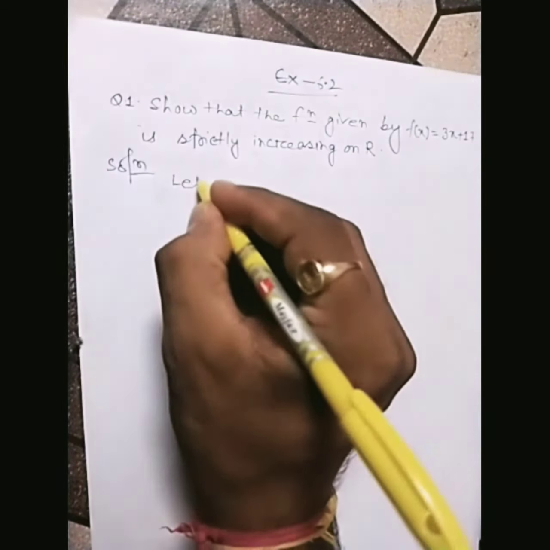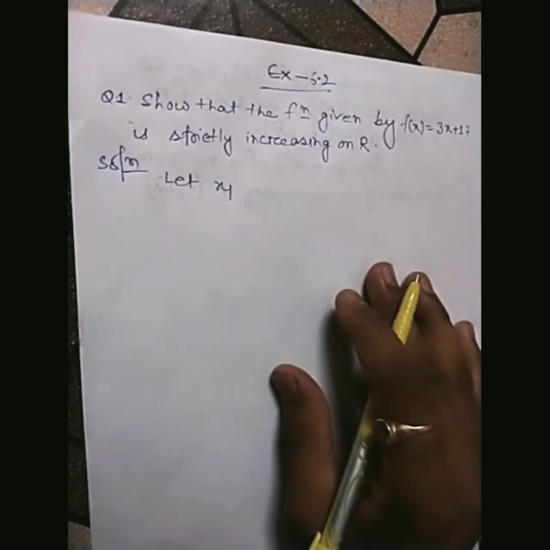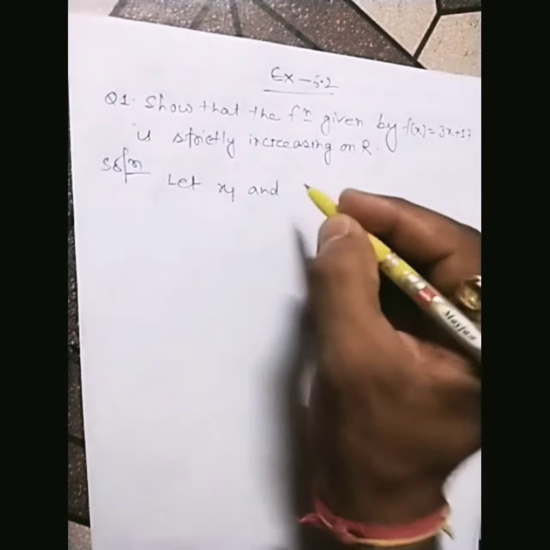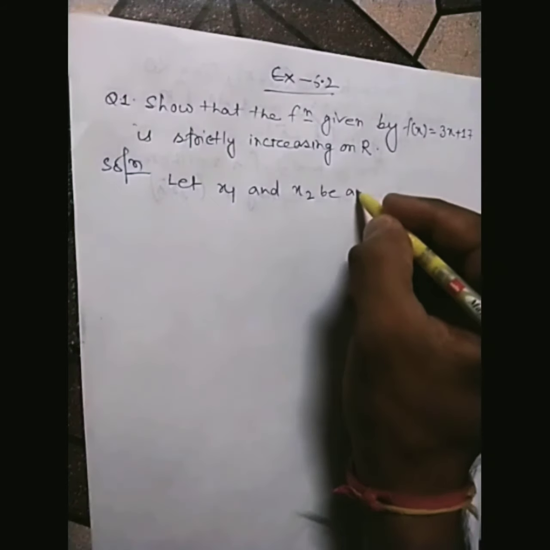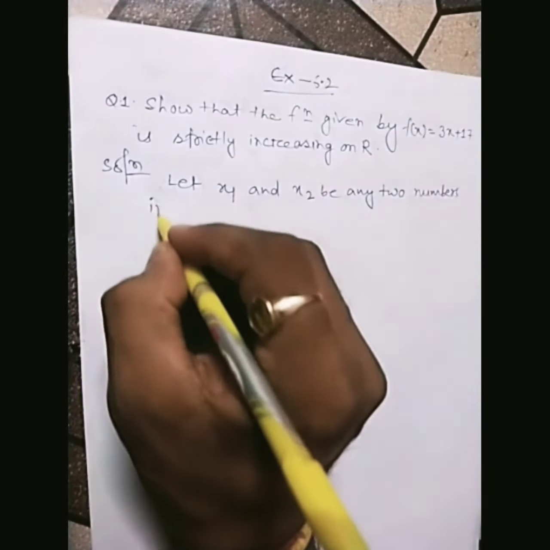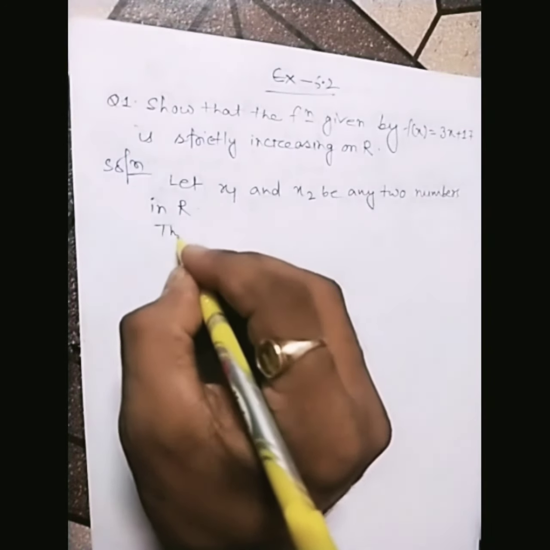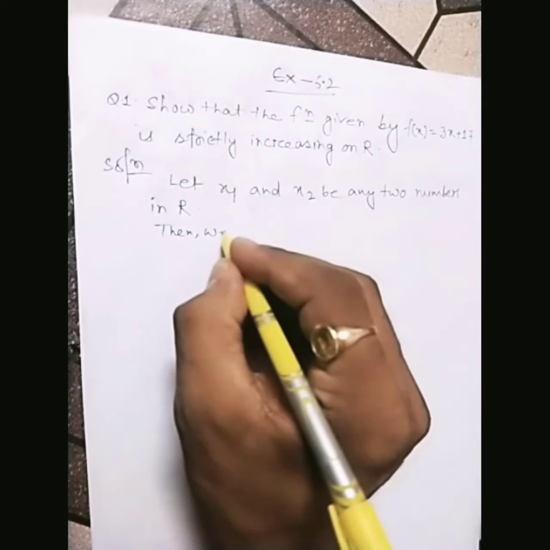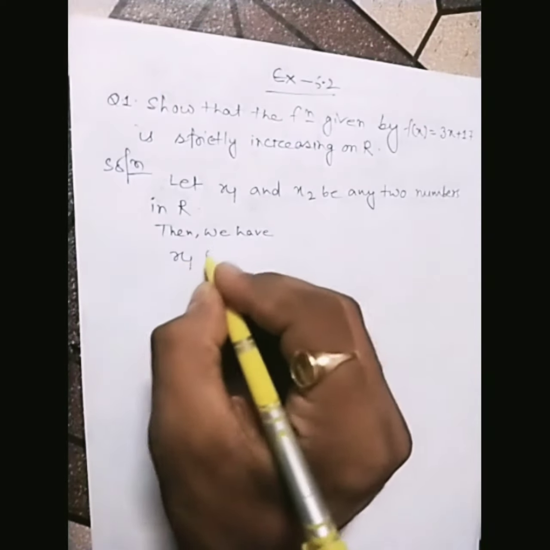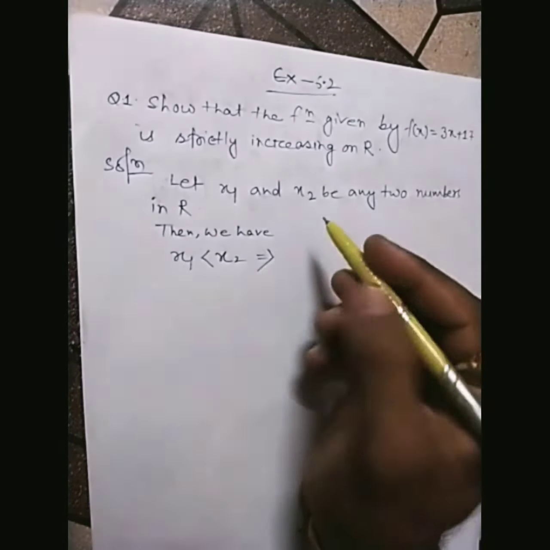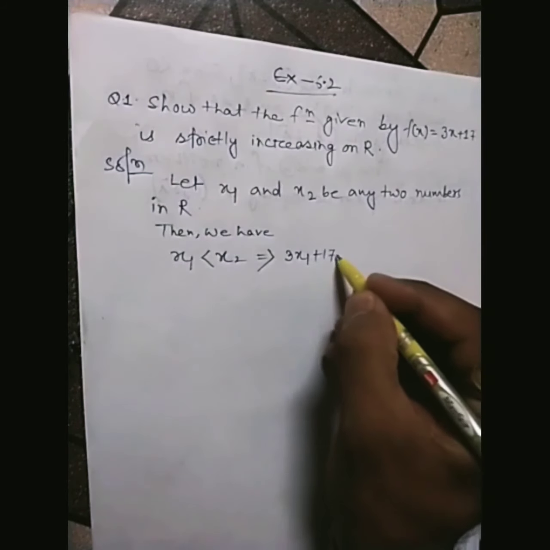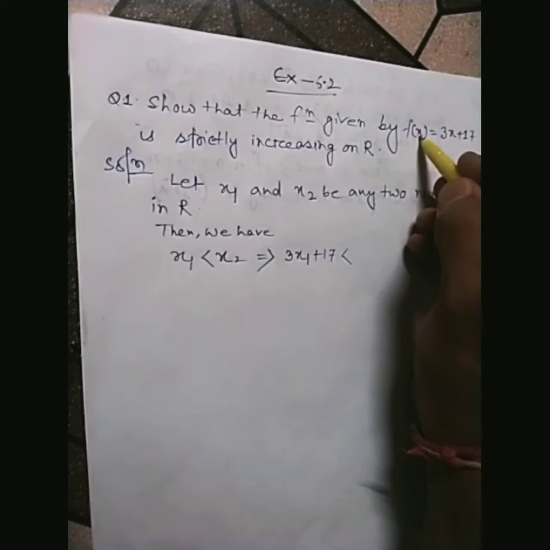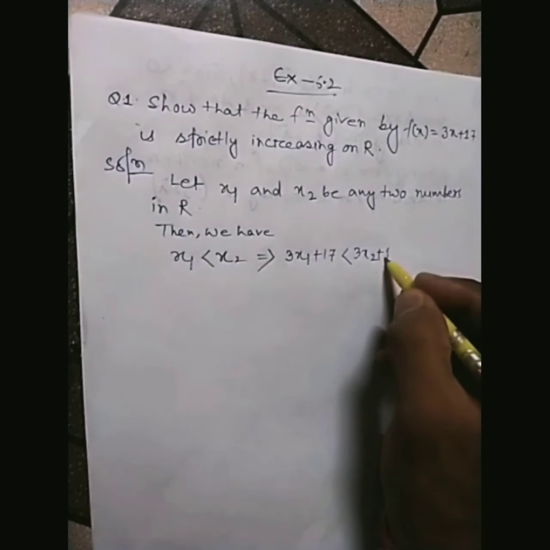How can you proceed? Let x1 and x2 be any two numbers in R. Then we have x1 < x2 implies, replacing x by x1, we will get 3x1 + 17, less than, similarly replacing x by x2, we will get 3x2 + 17.